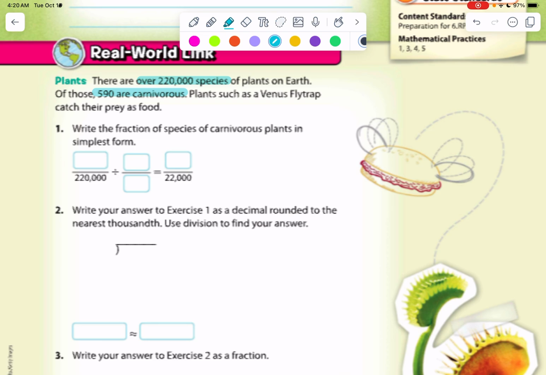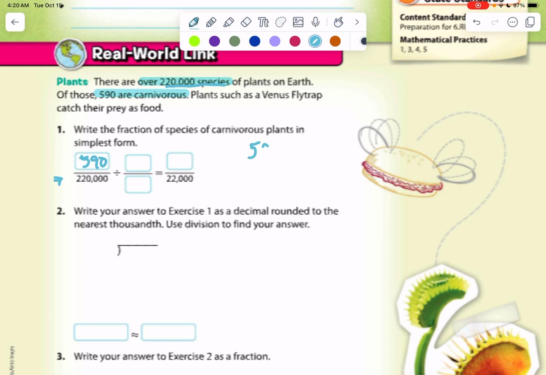Plants such as Venus flytrap catch their prey as food. It says write the fraction of species of carnivorous plants in simplest form. So we have 220,000 species of plants in our denominator. So 590 goes here in the numerator. And I'm going to rewrite this right here. 590 over 220,000. Anytime you have matching zeros, you can cancel them out.